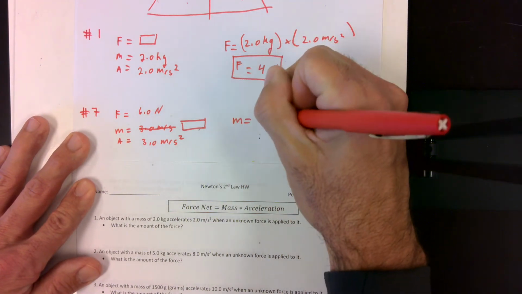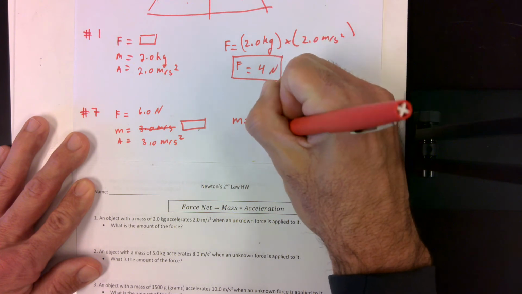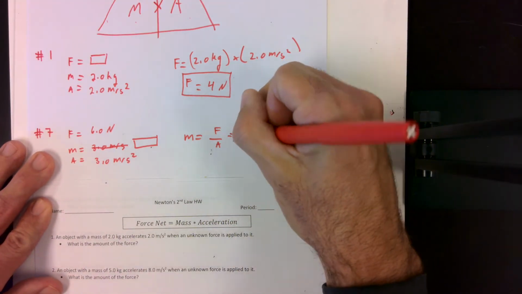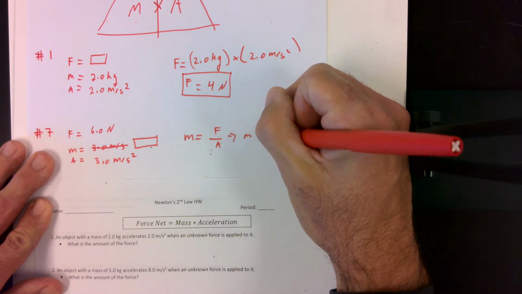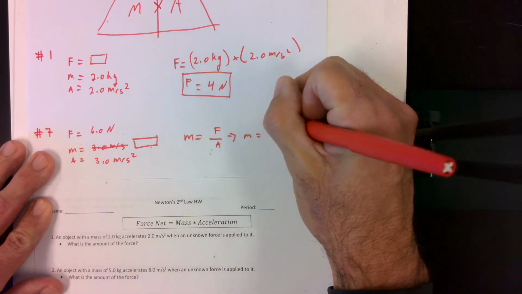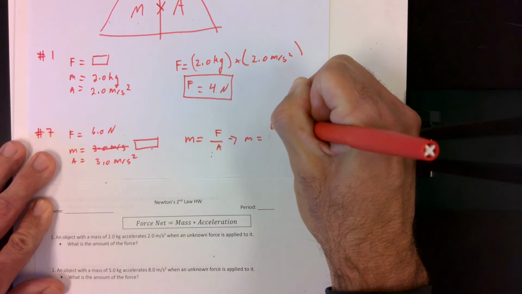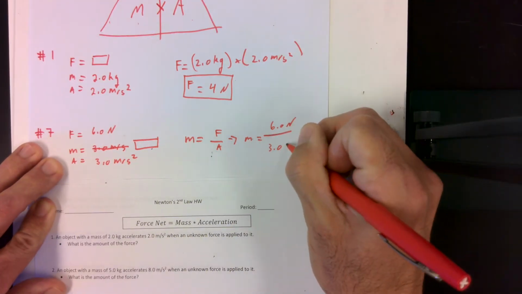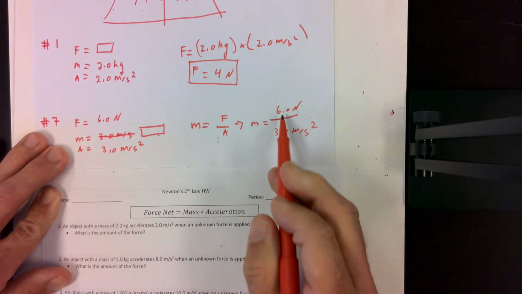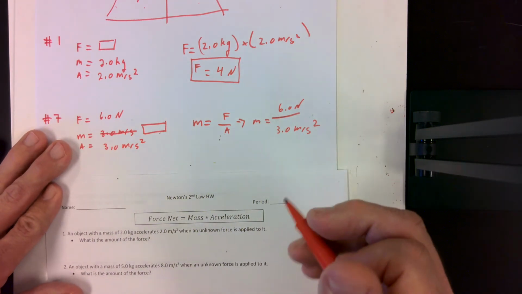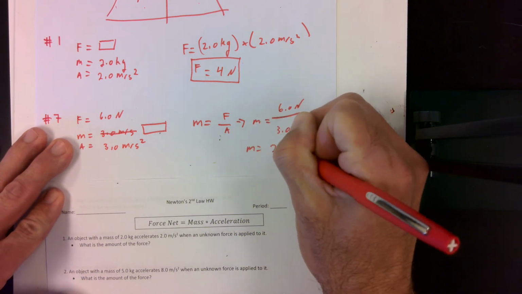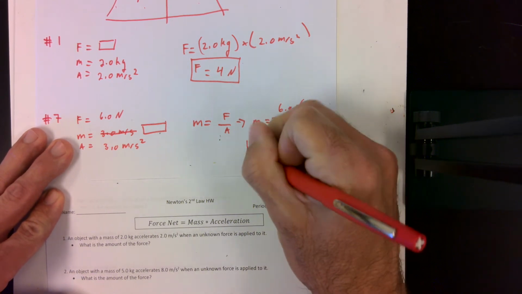Mass equals force over acceleration, and then I rewrite it just to help myself out. Mass equals 6 newtons over acceleration, 3 meters per second squared. And so as we solve for that, we know the answer is 2, and it's mass. So mass equals 2 kilograms.